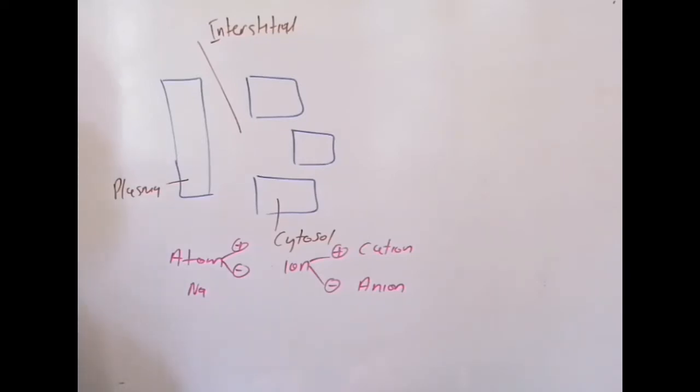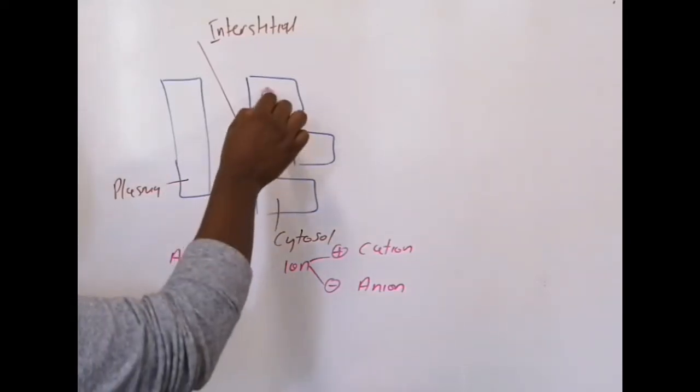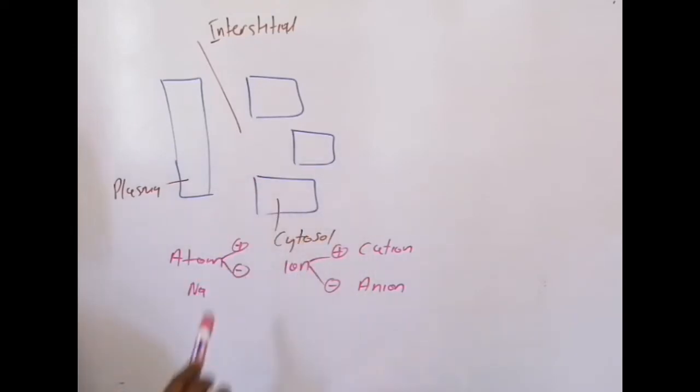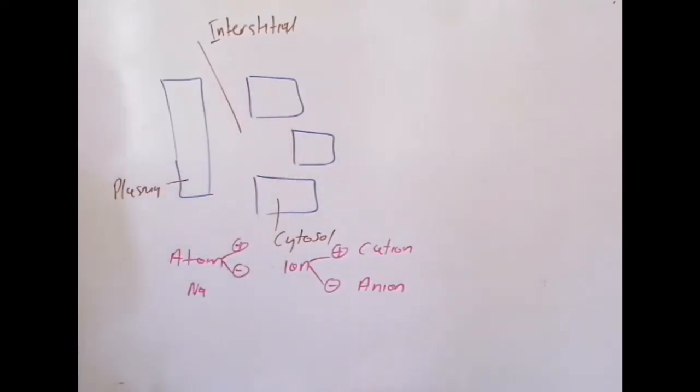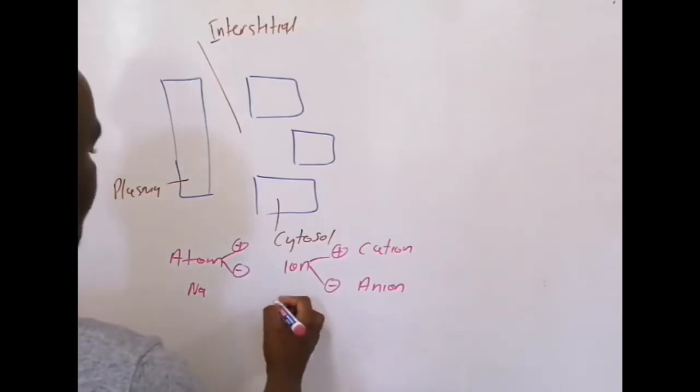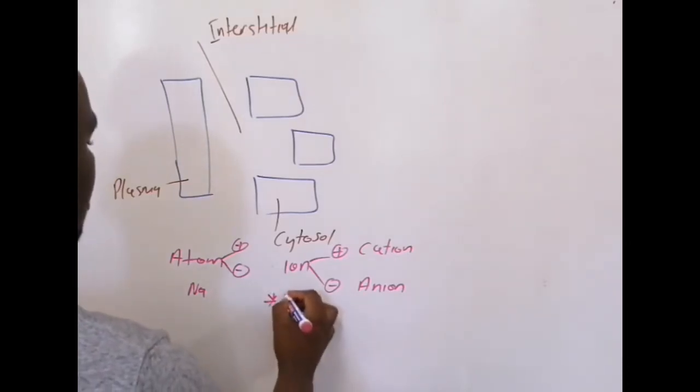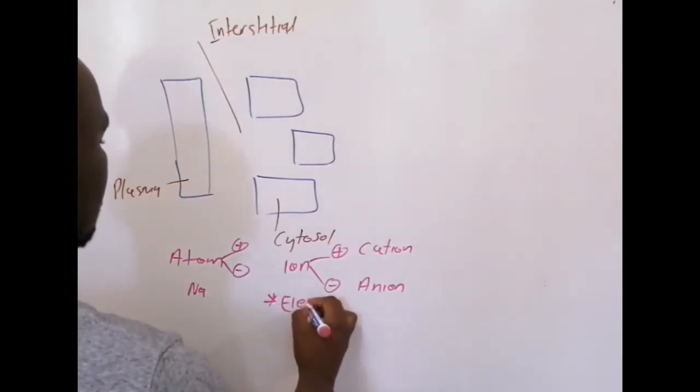So inside the cell, or in all these fluids, you are going to find positively charged ions, which are cations, and negatively charged ions, which are called anions, whether it's here or here or here. And those ions in the body are called electrolytes.